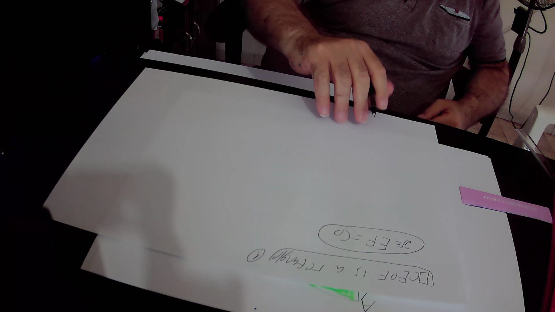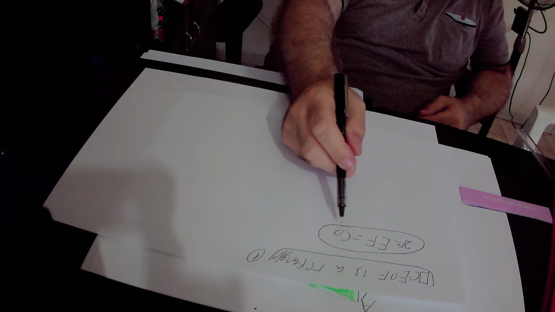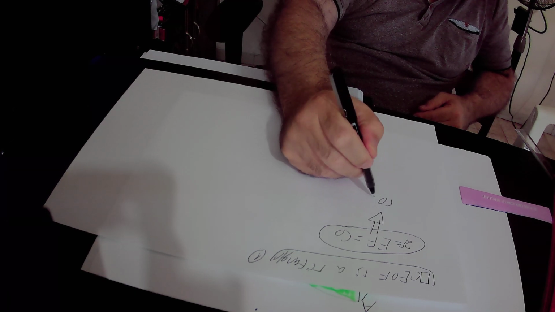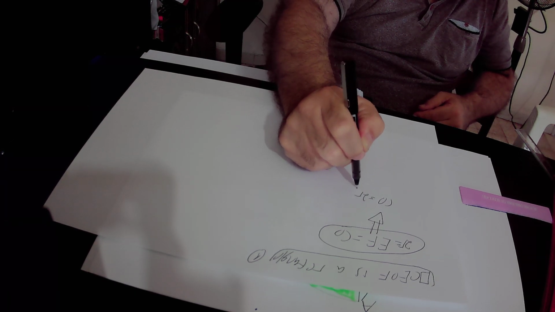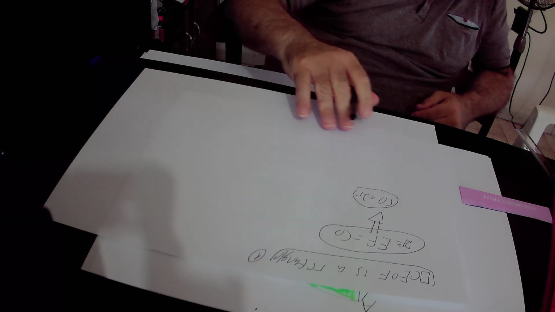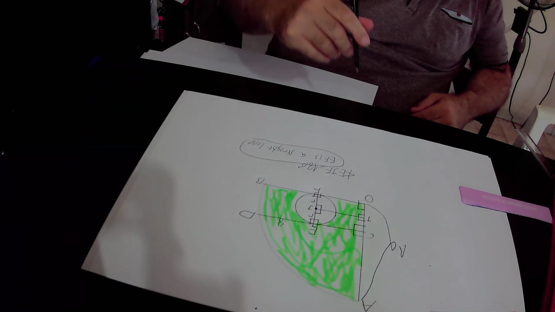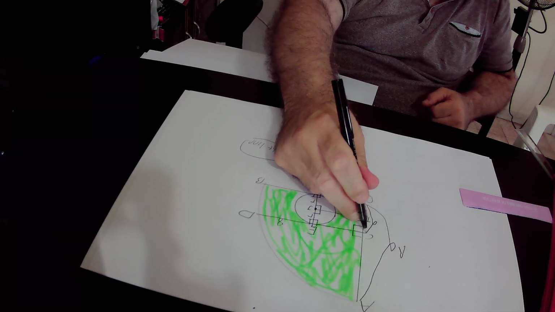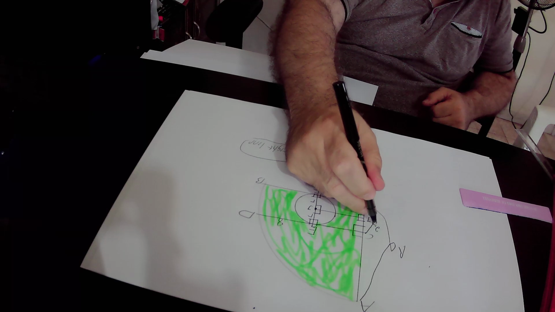And from this equation, 2R equals EF equals CO, we derive that CO is also equal to 2R. CO equals 2R.